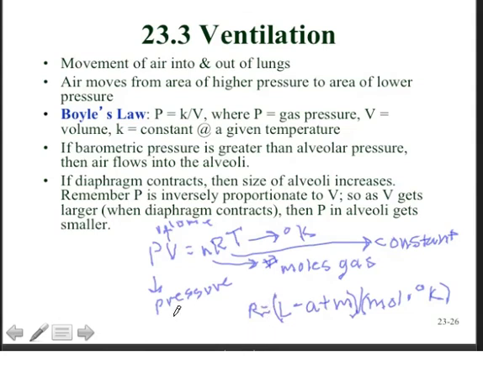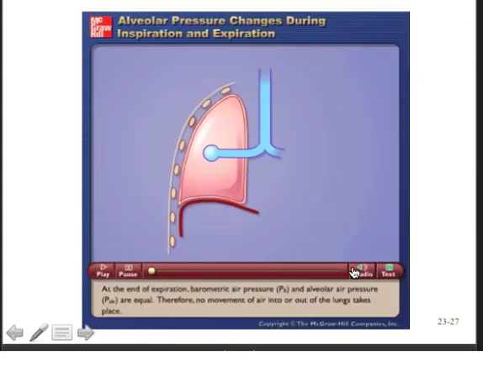Well, if you rearrange the law to solve for R, you can come up with this, right? R is going to equal PV over nT, and that's how you get the units for R. And this will apply to changes in volume, changes in pressure, changes in temperature, and changes in the number of moles of gas. So let's take a listen to alveolar pressure changes when you inhale and exhale.